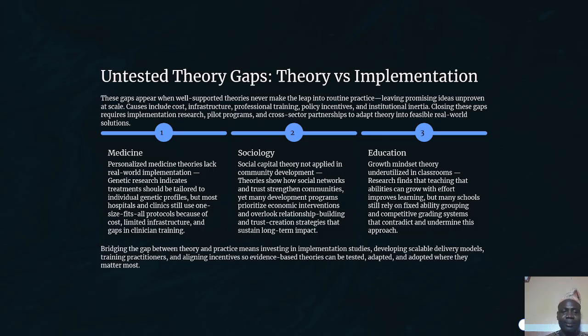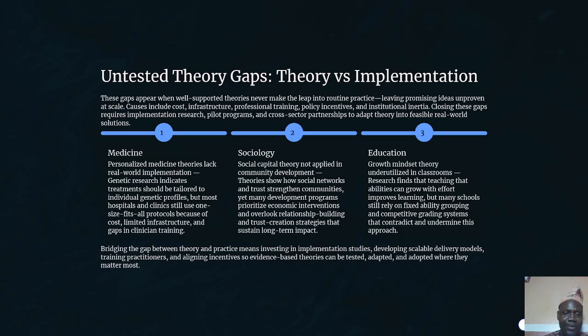Otherwise it is just a claim that has not been tested. So causes include the cost, infrastructure, professional training, policy incentives, and institutional inertia. Closing this gap requires implementation research, pilot programs, and cross-sector partnerships to adapt theory into feasible reality.